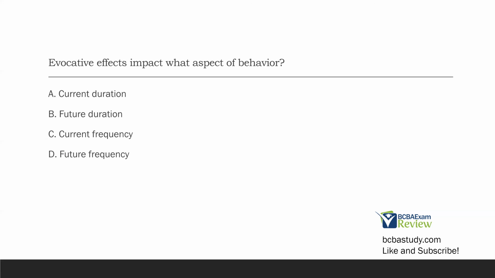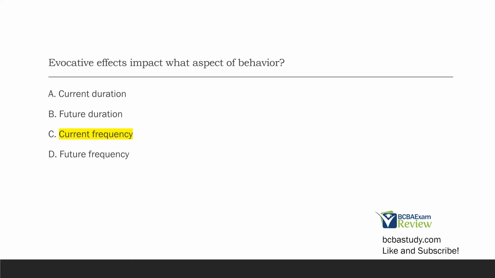Now, what do we know about consequences? What do we know about reinforcement and punishment? We know reinforcement and punishment impact future behavior. Evocative and abative effects impact current behavior. So evocative effects actually impact current frequency of behavior. If this doesn't make sense, go back and review your motivating operations. Motivating operations are one of the things that give people the most trouble.